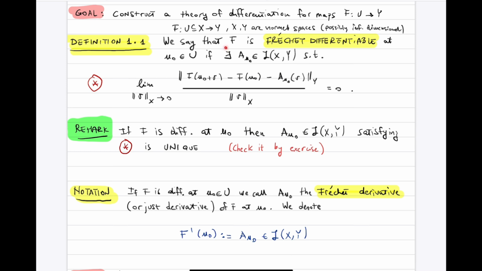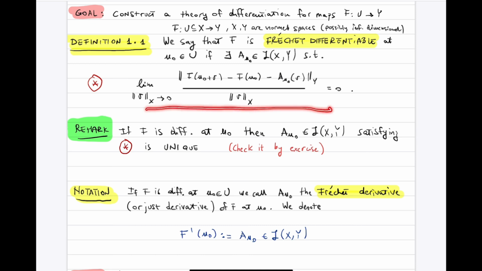We say that a function f is Fréchet differentiable at some point u0 in U if there exists a linear bounded operator from X into Y, which we call A of u0, such that this holds.